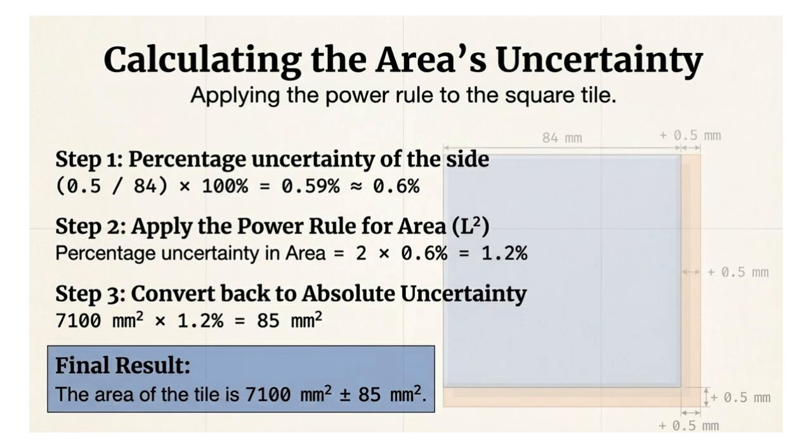This means we multiply the side's percentage uncertainty by 2, resulting in 1.2% for the area's percentage uncertainty. Finally, we convert this back to an absolute uncertainty by multiplying the total area, 7,100 square millimeters, by 1.2%, which equals 85 square millimeters. So, the area of the tile is 7,100 square millimeters, plus or minus 85 square millimeters.